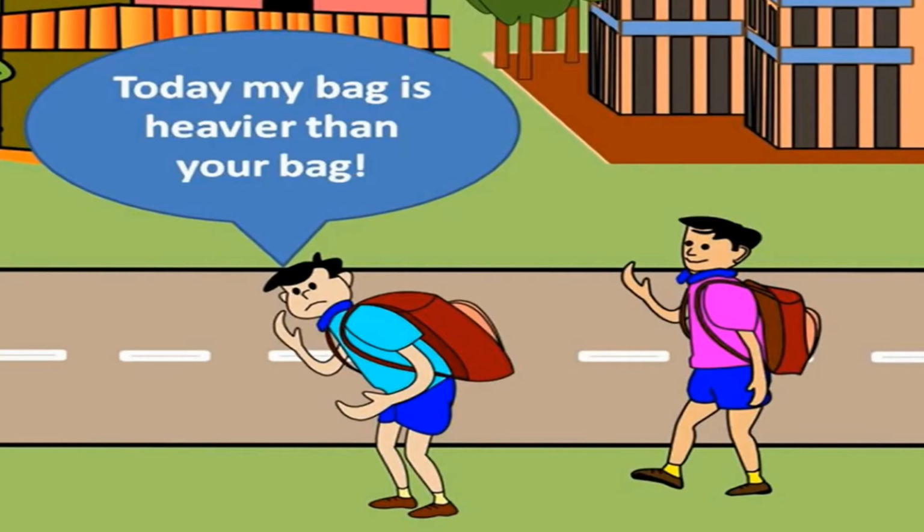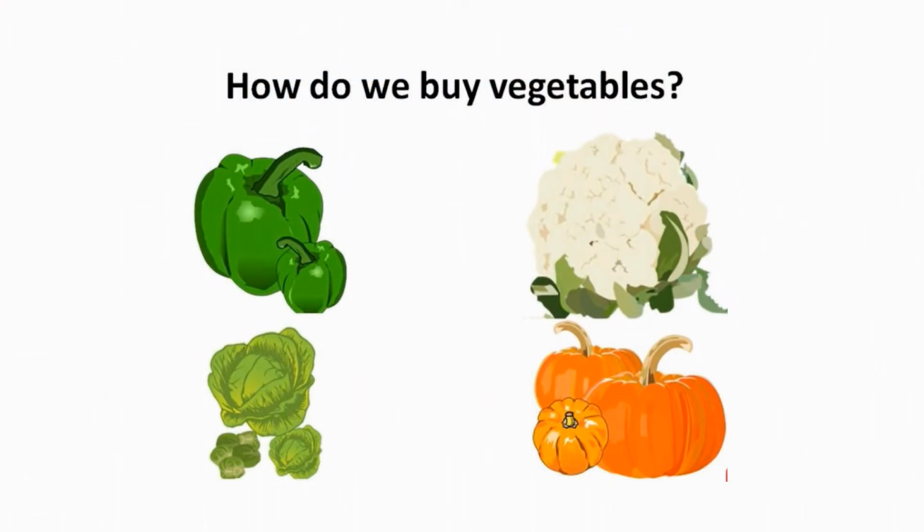You may say popcorn is as light as cotton. But when we want to buy vegetables, we cannot tell the vendors, I want capsicum lighter than this cauliflower, or I want a pumpkin as heavy as this cabbage. So what do we do?